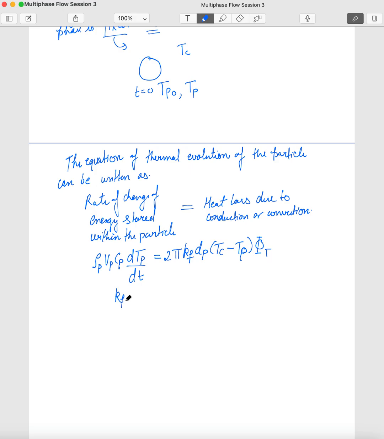Kf here denotes the thermal conductivity, or instead of Kf I can write it's fluid, or you can say C, continuous phase thermal conductivity of continuous phase.